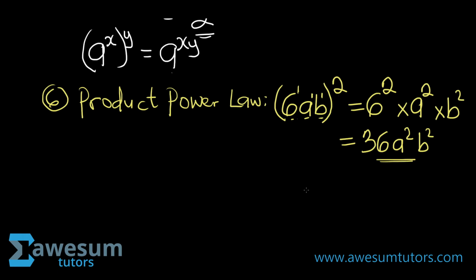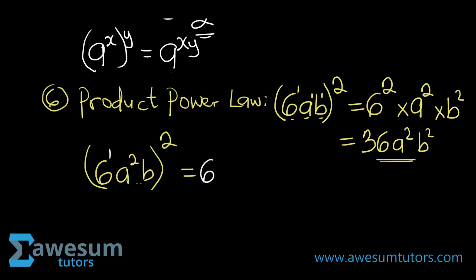What about if we have this question right here? 6a squared b, everything raised to the power of 2. Take note, it's still going to be the same approach. 6 is 6 raised to power 1, so if you distribute this square on all these factors, you're going to have 1 times 2 is 2.